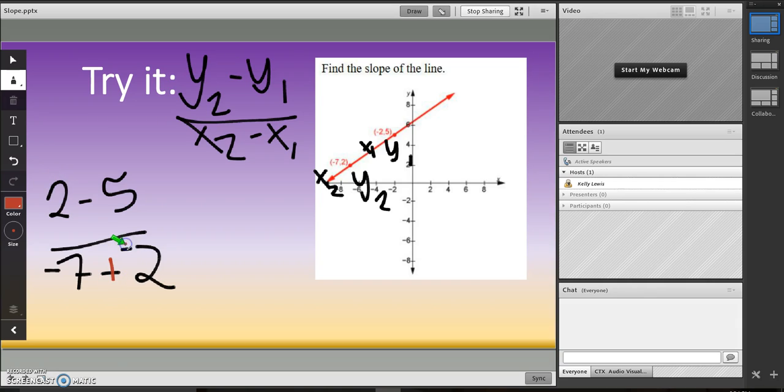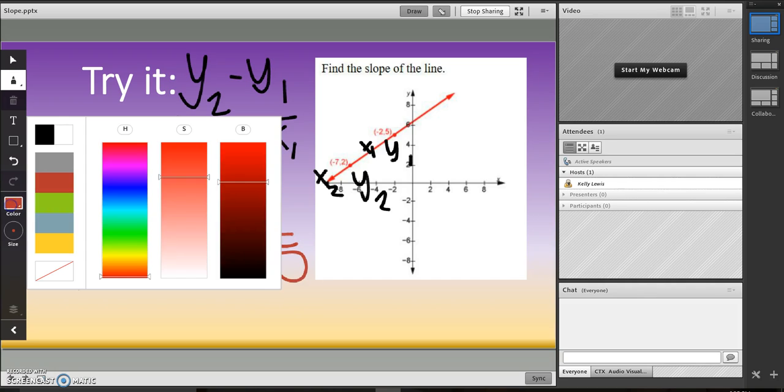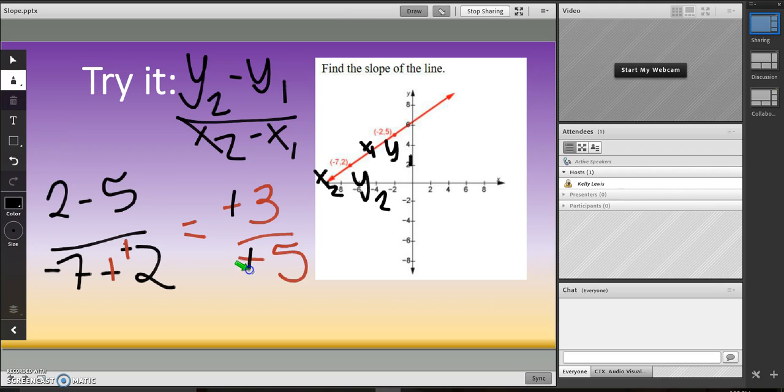Minus the negative, same as plus a positive. So 2 minus 5 is negative 3, negative 7 plus 2 is negative 5. A negative divided by a negative is a positive number. So our answer is 3/5, and that's our slope. Let's do another one.